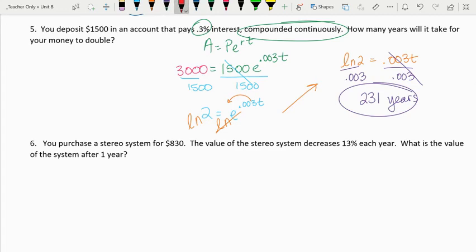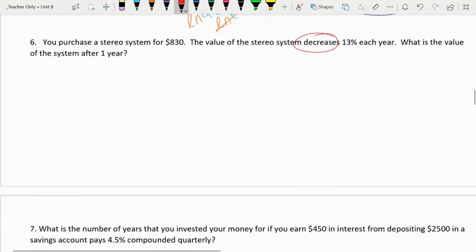Then we have number 6. You purchase a stereo system for $830. The value of the stereo system decreases 13% each year. What is the value of the system after 1 year? It's talking about decreasing, and doesn't say anything about compounding. So that means this is our exponential decay: y equals a times (1 minus r) to the t.